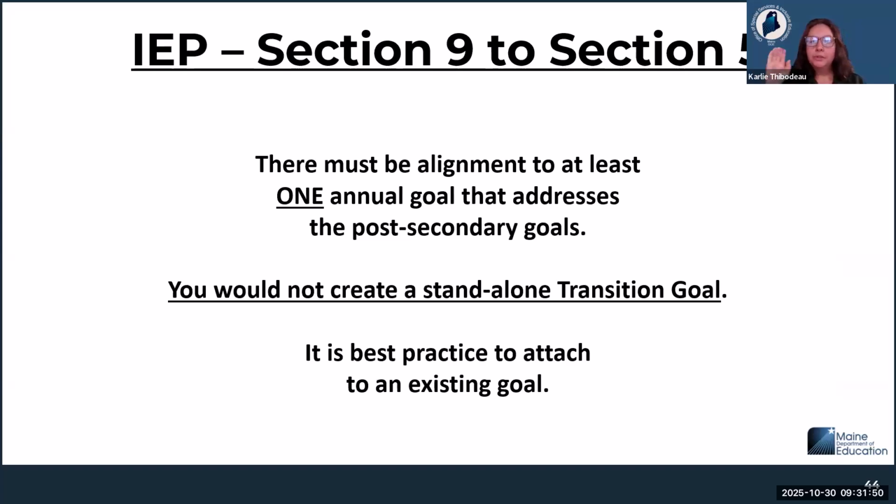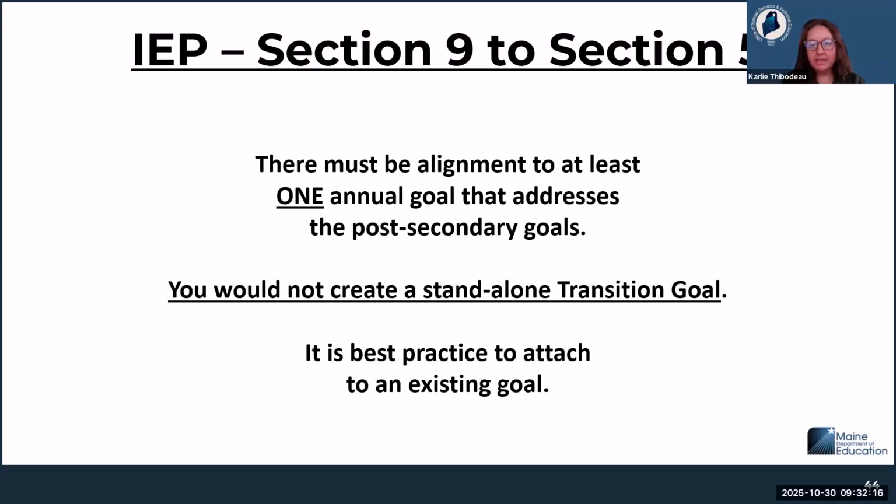And then when you're thinking about these post-secondary goals, there must be alignment to at least one of the annual goals in Section 5 to address these post-secondary goals. You wouldn't want to have a goal in Section 5 that's called a transition goal. We have seen that in the past. But you really just want to attach it to an existing goal.